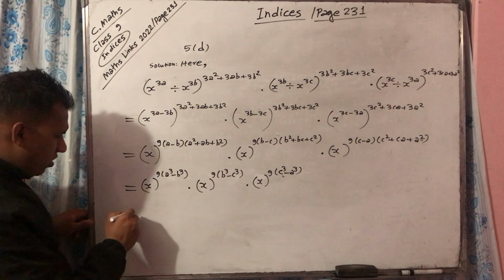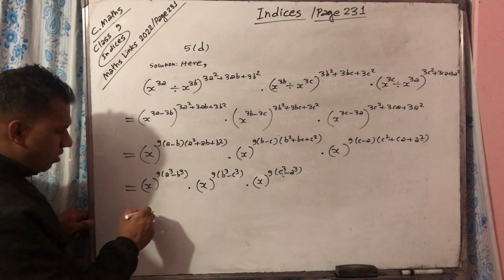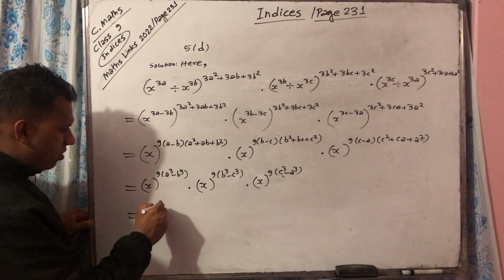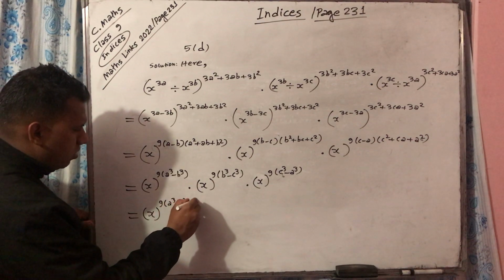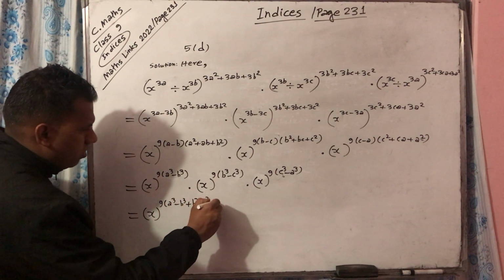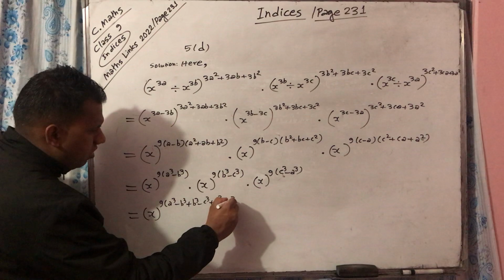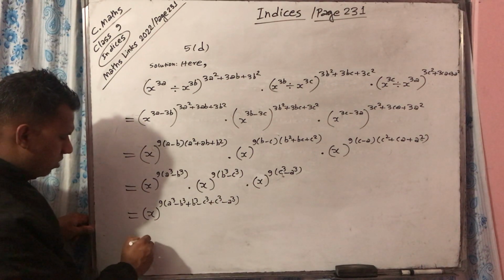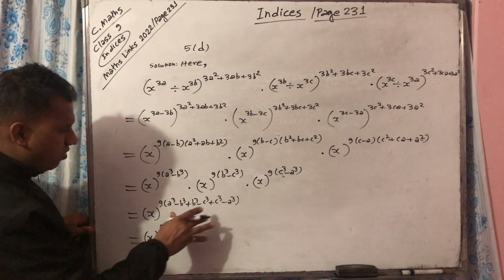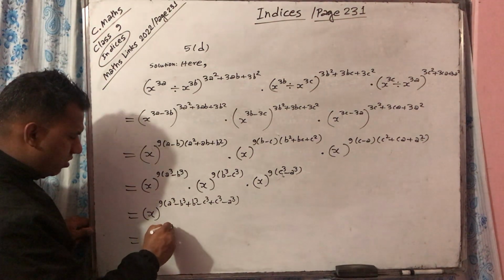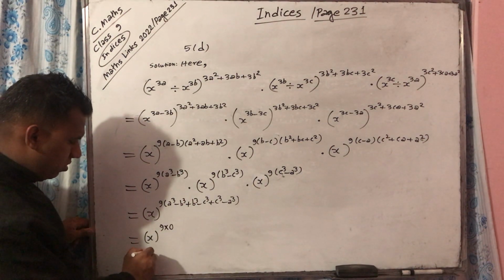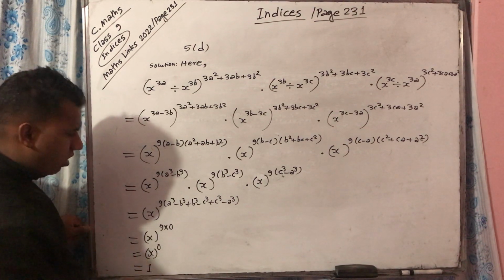Since 9 is common from all parts and the base is the same, x to the power 9 times (a cube minus b cube plus b cube minus c cube plus c cube minus a cube). Within the bracket the sum of the power is 0, so 9 times 0, so x to the power 0, that is 1.